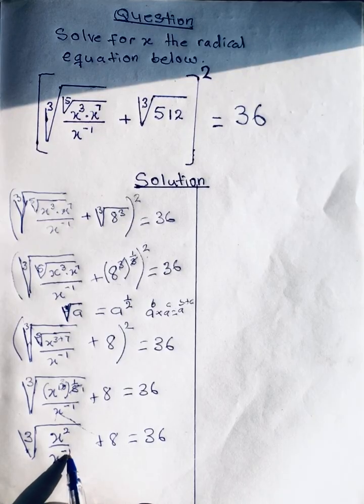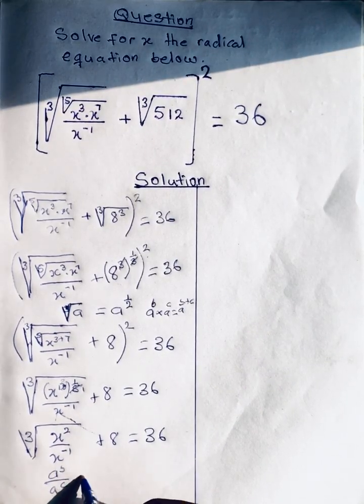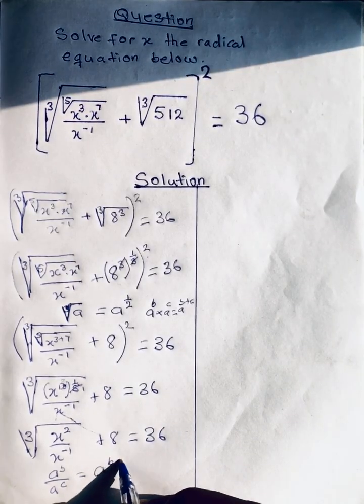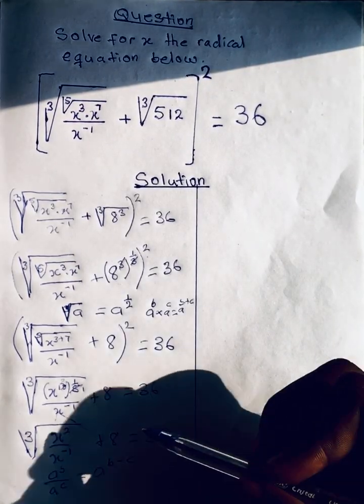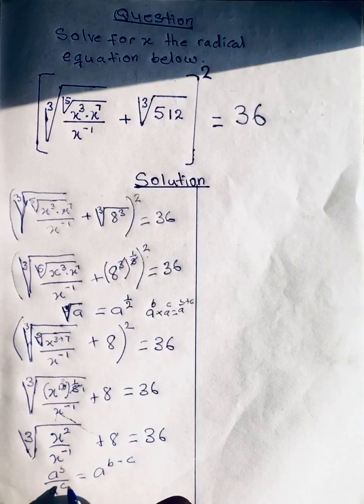In this case, we can apply the rule. We say that a to the power of b all over a to the power of c will give us a to the power of b minus c. So we are going to apply that rule here.